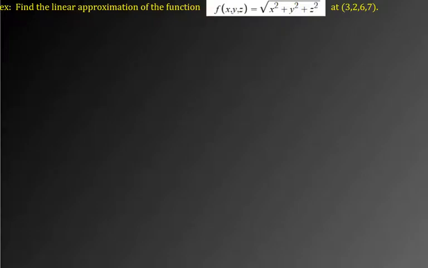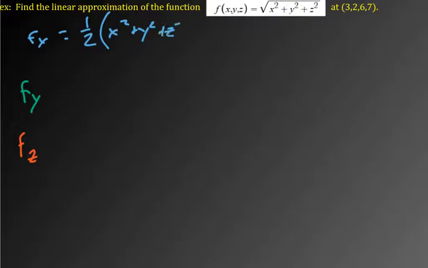So I just need f with respect to x, f with respect to y, and f with respect to z, all right? And if we do x, you have a chain rule, right? So you're going to have a 1/2 in front, and then everything inside here, and then you're going to raise it to the negative 1/2. You're going to drop the power by 1, right?